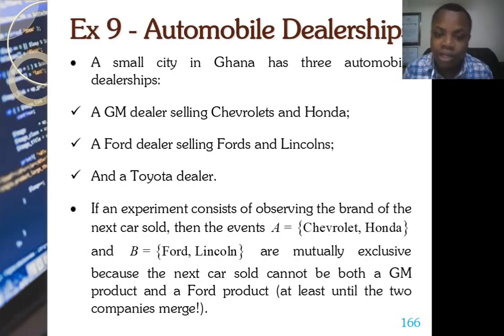So we cannot really ascertain the kind of car the person is going to buy, considering all 3 dealerships. We term this mutually exclusive, because the next car sold cannot be both at GM Motors and at Ford. Unless perhaps all these 3 dealerships come together or merge, so that we can have all these cars at a particular position for a customer to make his or her choice.